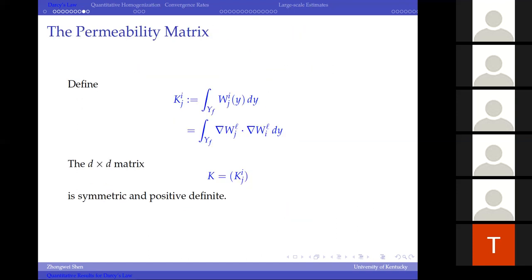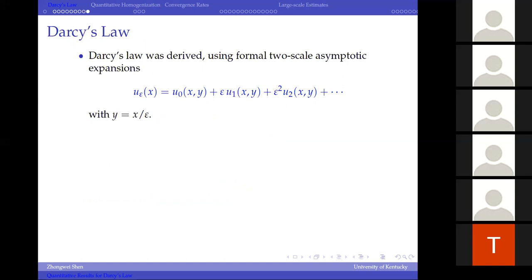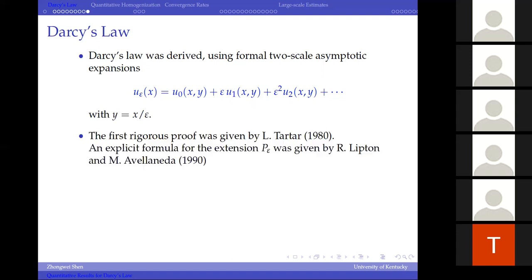All right, so the Darcy law can be derived using formal two-scale asymptotic expansion. That was probably done in the 60s, 70s. The first rigorous proof was given by Luc Tartar in 1980 using his energy method, a method of oscillating test functions.